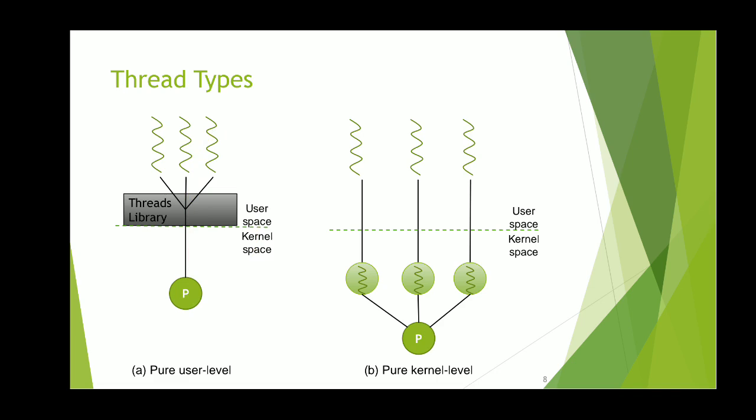And in this case, the kernel created 3 threads for the process. And the kernel manages 3 threads in the kernel space. So in order to access these threads, the user needs to call system calls to modify and access the threads which are created in the kernel space.